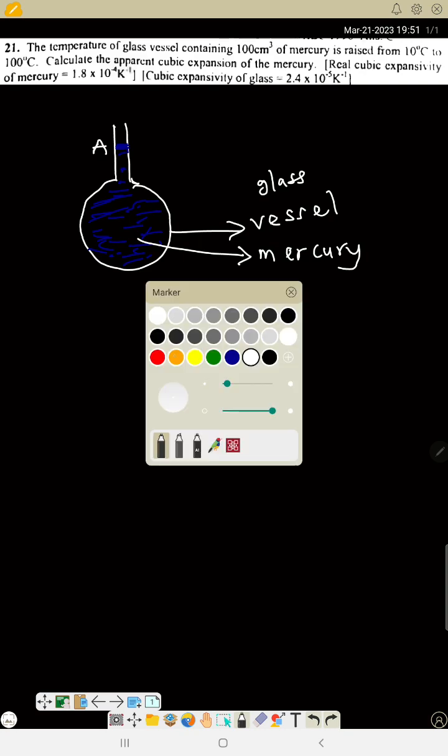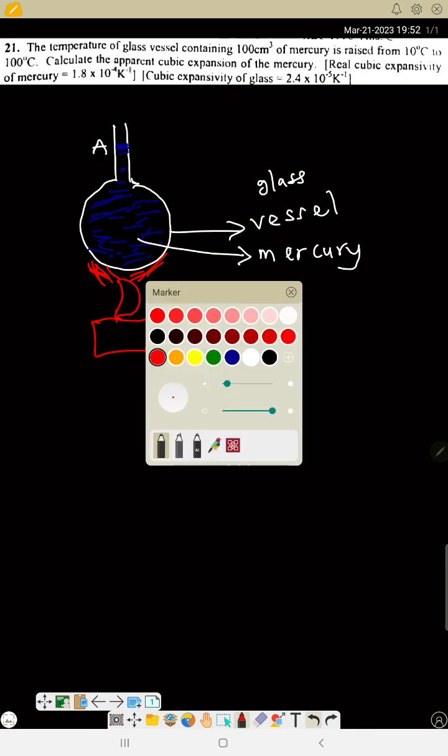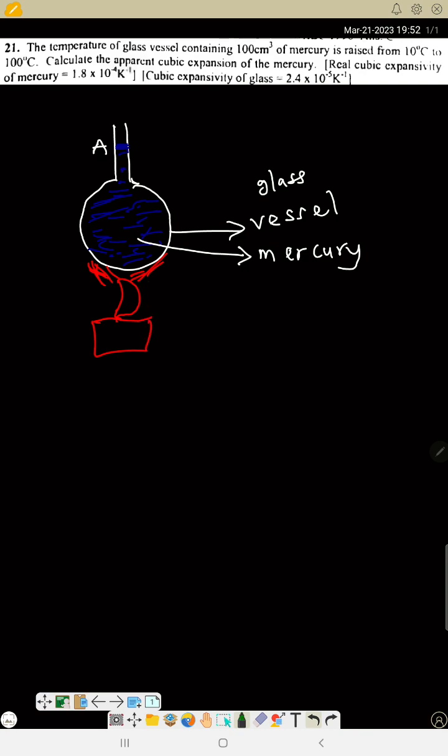Now this mercury is subjected to heat, so we heat the mercury. Now as you heat the mercury, the vessel will expand. As in, this vessel will expand if you heat the mercury.